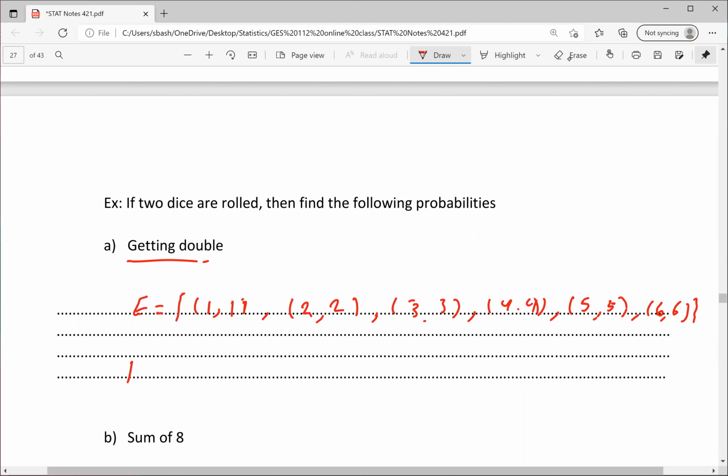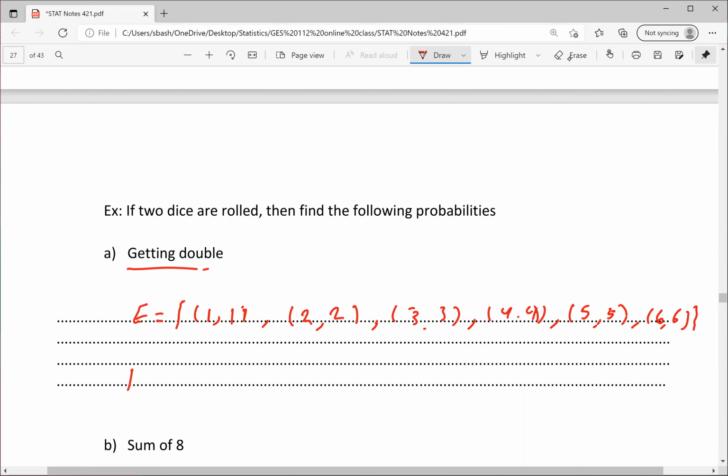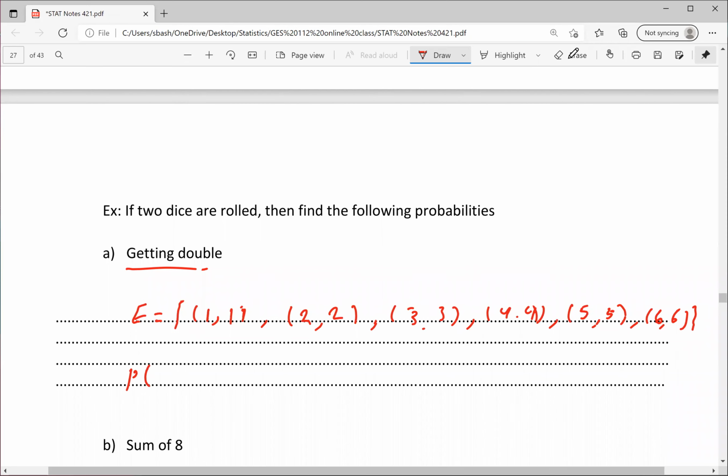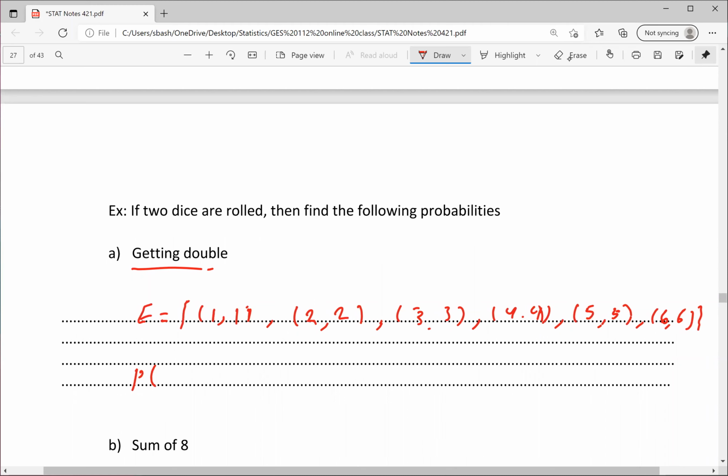So the P of E in this case is equal to the number of outcomes, that is 6, divided by the number of outcomes in the sample space.